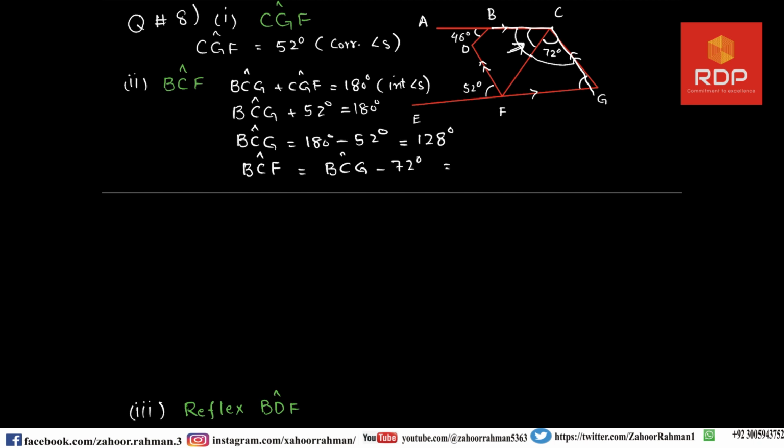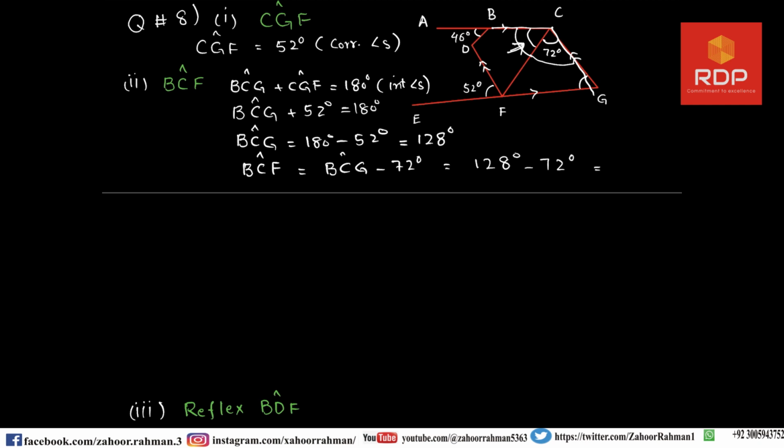So we are putting the values inside it, and we found BCG to be 128 degrees from here. So we are putting this, and 72 degrees will be in its place.